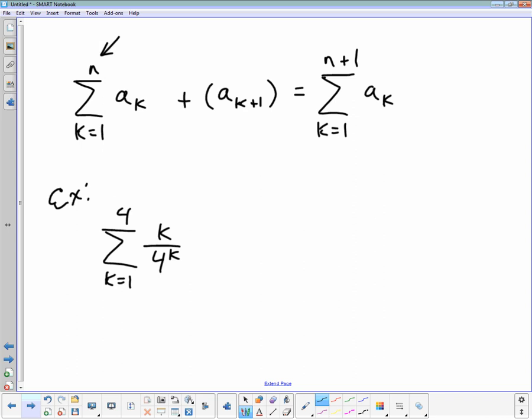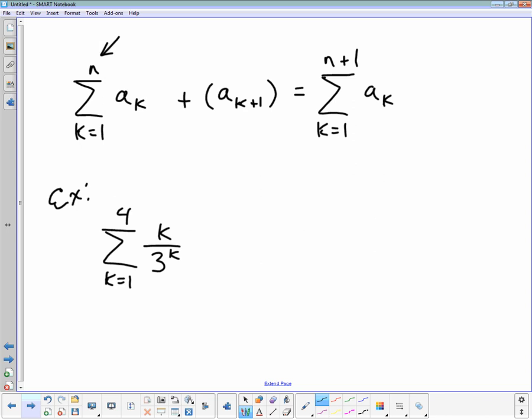Let's not use 4, let's use 3. I just didn't want us to get confused with what 4 I am talking about. I wanted to change that 4 into a 5.